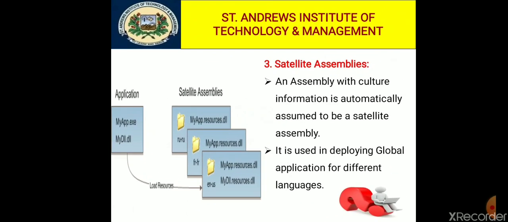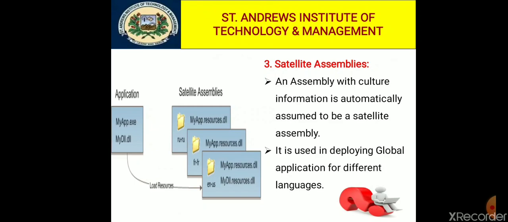The third and last type of assembly is satellite assemblies. An assembly with culture information is automatically assumed to be a satellite assembly. Why do we use satellite assemblies? It is used in deploying global applications for different languages.